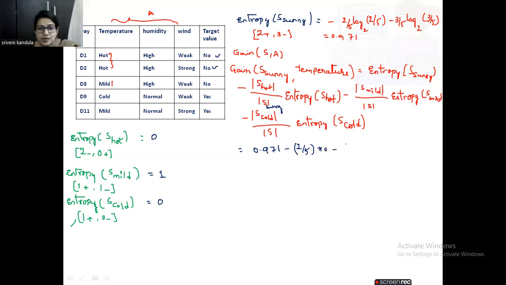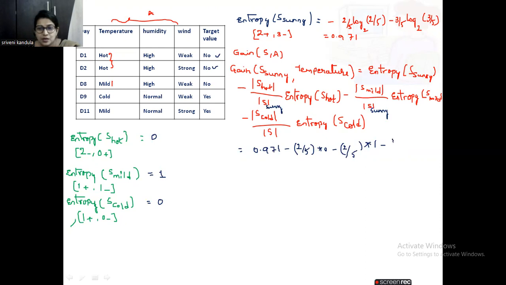The number of examples under S mild are 2, divided by the number of examples under S sunny, 5, multiplied with 1, minus S cold.